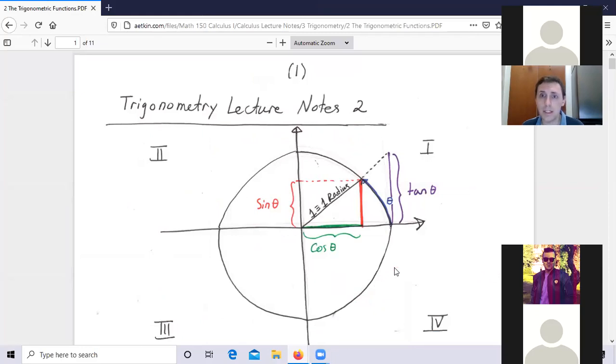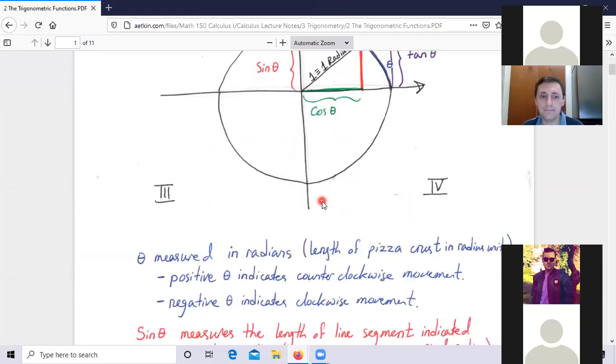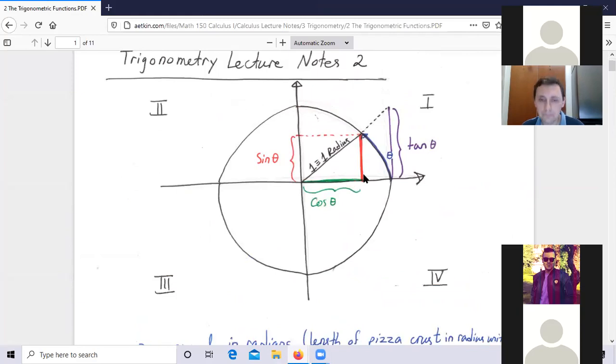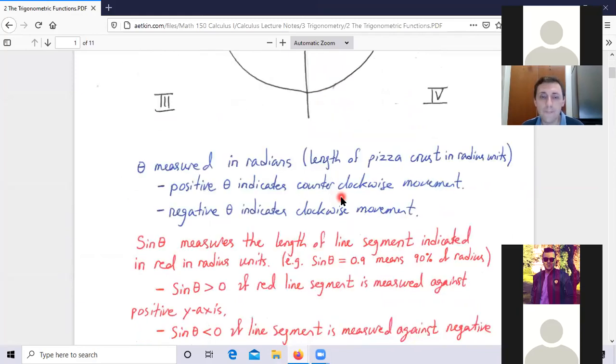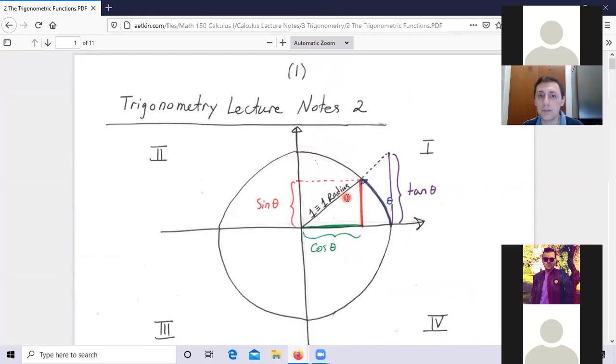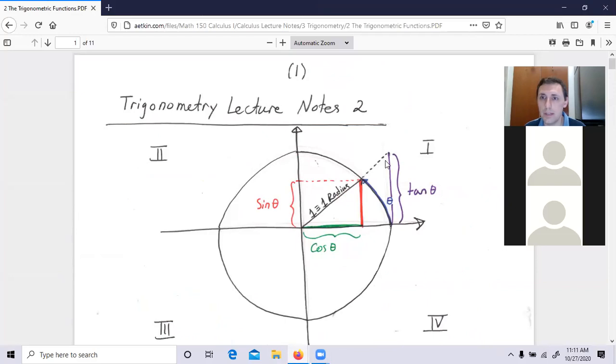So let's check a few things. Guys, where is sine positive? Could you tell me please in the comments where sine is positive? Let's see if you follow.